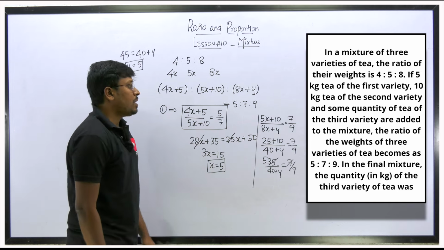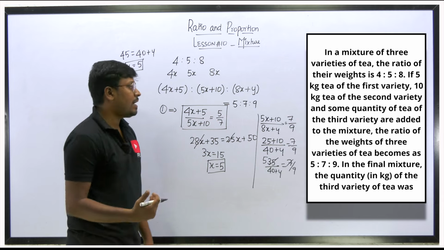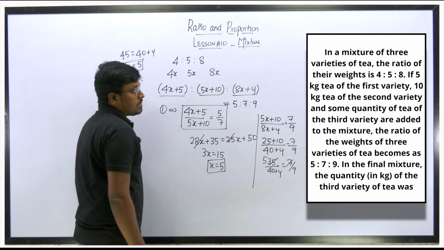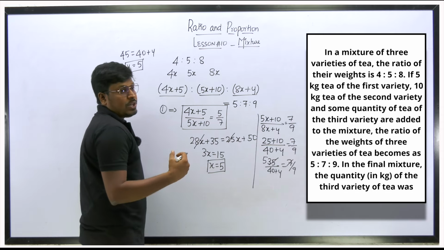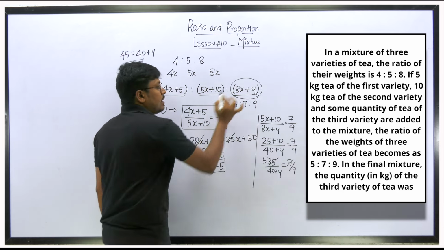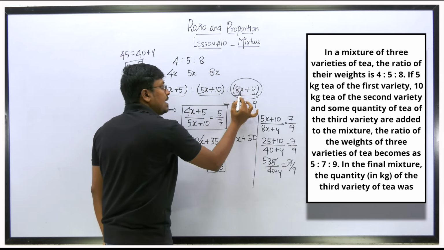Now read what the question is asking in the final mixture. In the final mixture, out of 3 teas, our target is to find the quantity of the third variety. So the third variety quantity is what? 8x plus y.